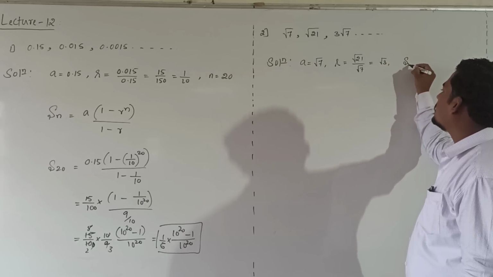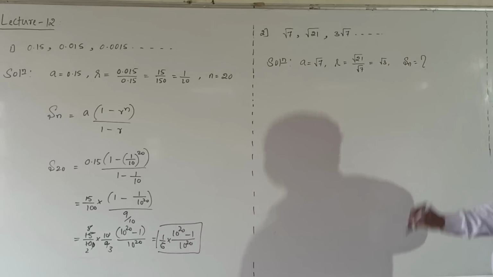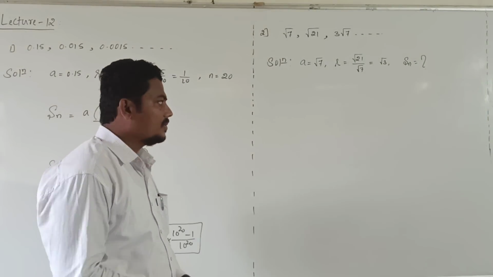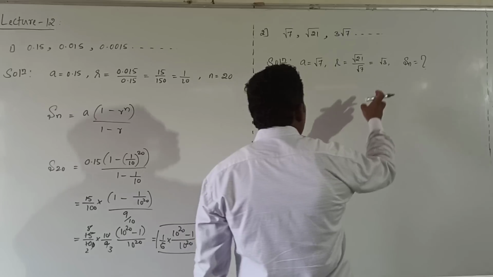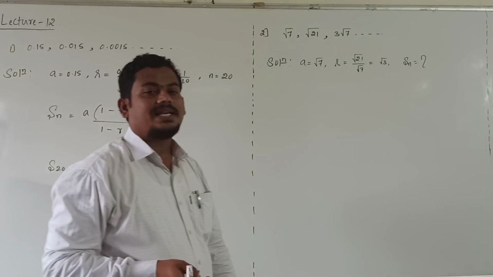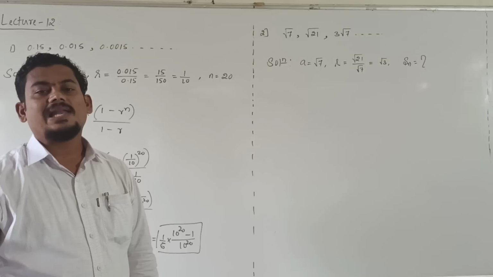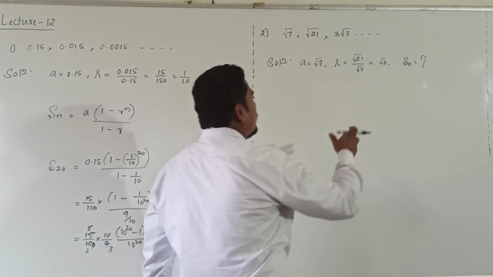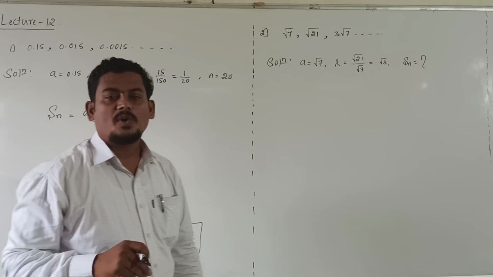And in this case, we need to find Sn, the sum to n terms only, not a particular value. Use the Sn formula. Root 3, whether it is less than 1 or more than 1: root 3 is approximately 1.7, which means clearly it is more than 1.